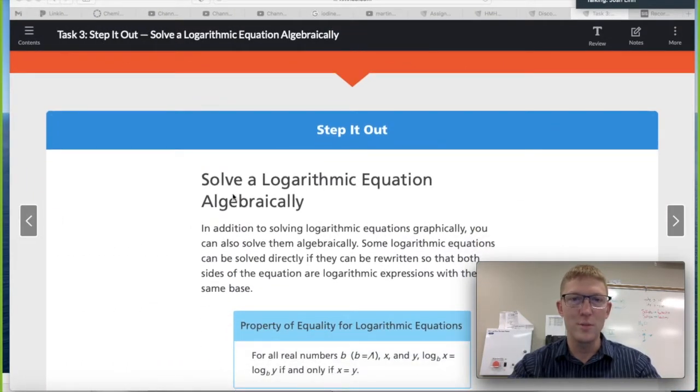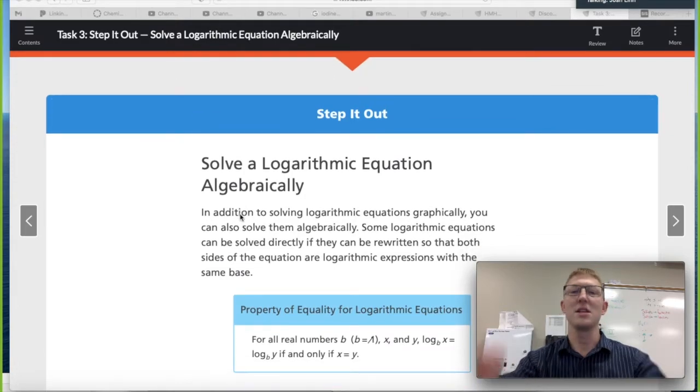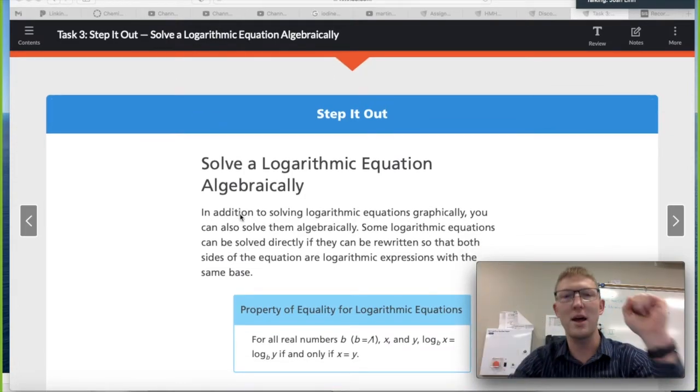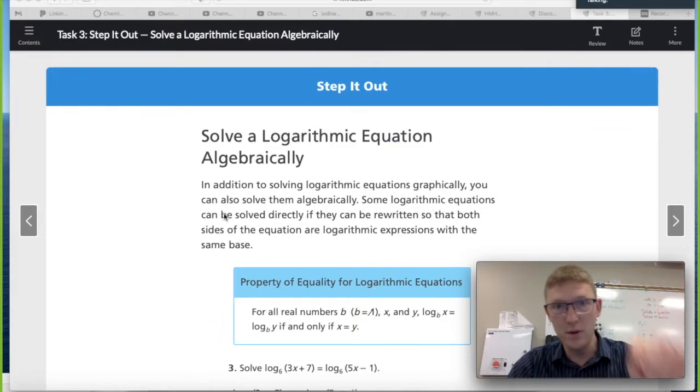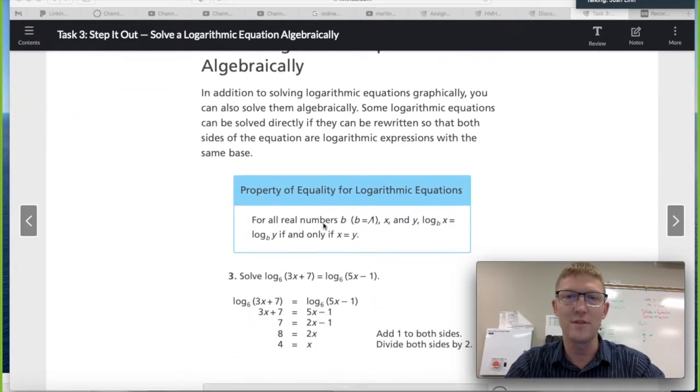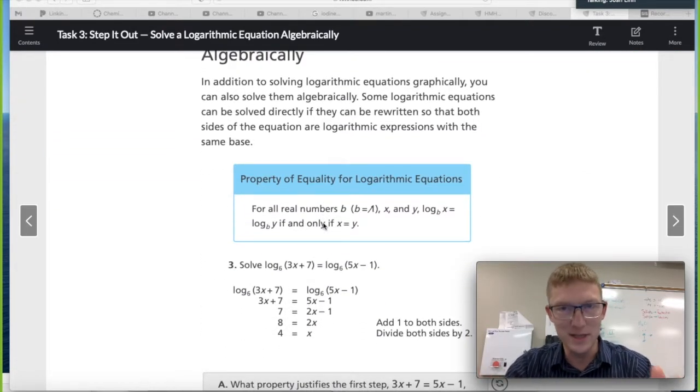Solve a logarithmic equation algebraically. Yes! It's the best way. So in addition to solving logarithmic equations graphically, you can also solve them algebraically. So this whole section goes very similar to what we did last section with exponents. This time we're using logarithms.